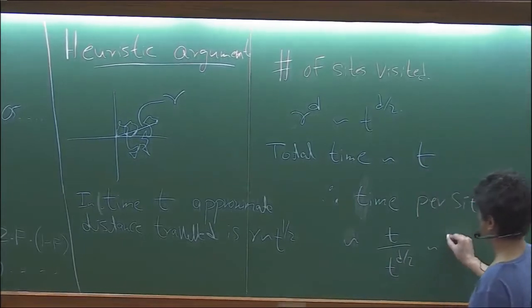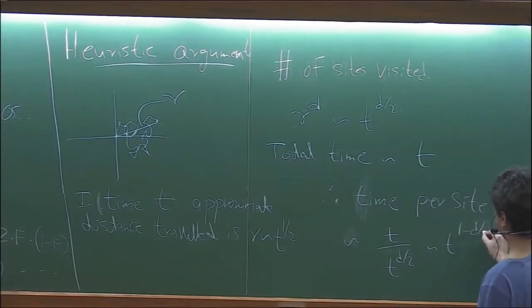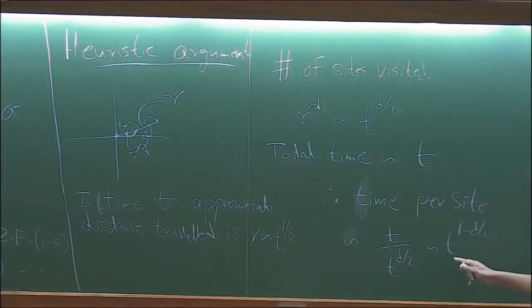So that's t to the power 1 minus d by 2. You can see that as t becomes large, in one dimension this is like infinity, and greater than 2 it goes to 0. And d equal to 2 is kind of marginal, so it doesn't say anything. But at least you can see that in 1D you visit sites an infinite number of times. 2D also it's kind of, yeah, and in higher dimensions it goes down.